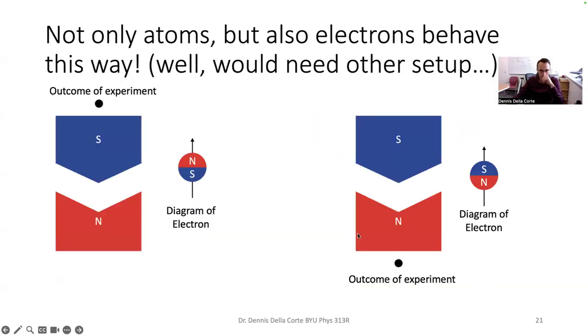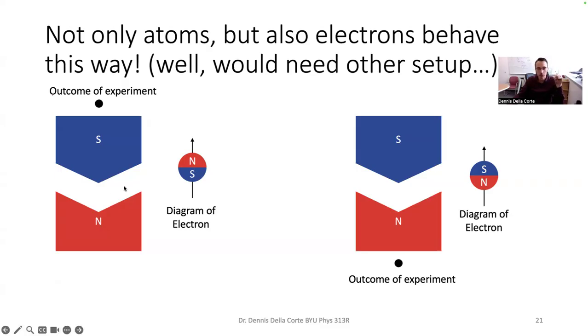Okay. So with the silver atoms, this works this way. Electrons behave the same way. Electrons have also the spin up and down. And so if you would send electrons through a magnetic field like that, it's a little bit harder to do that because electrons are charged particles and other things are happening too. But let's assume that you could do it.